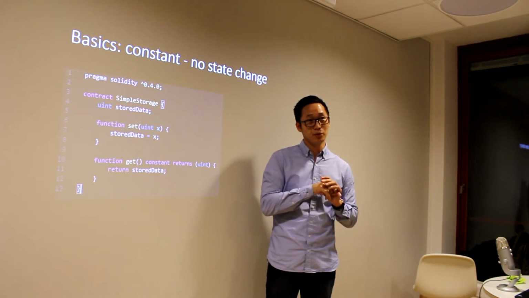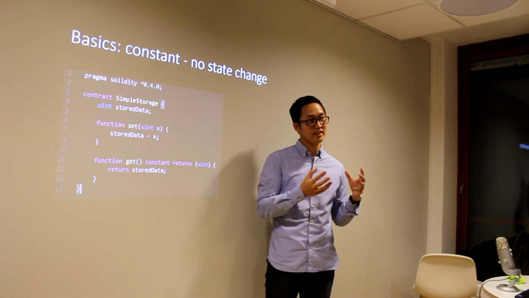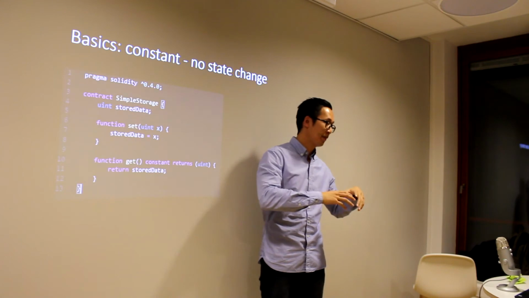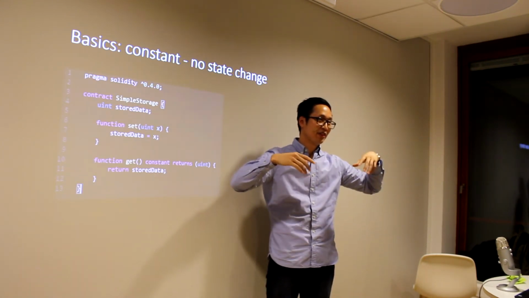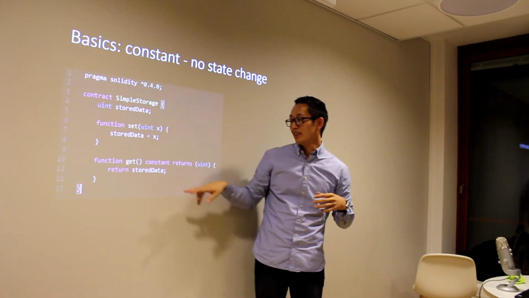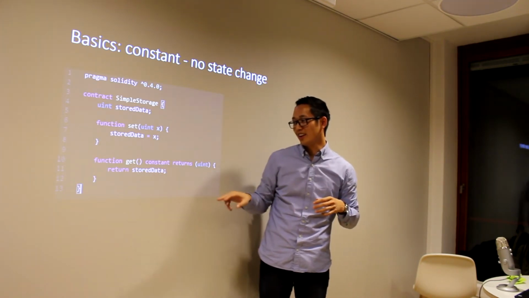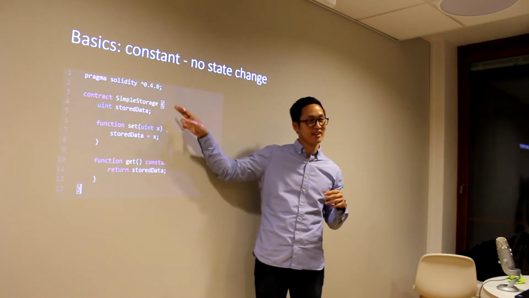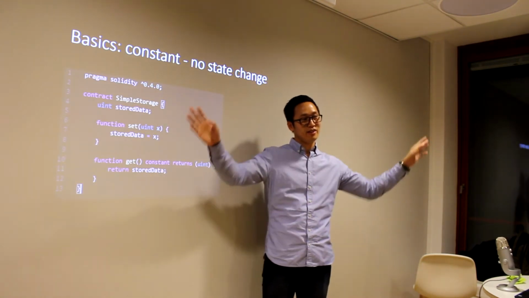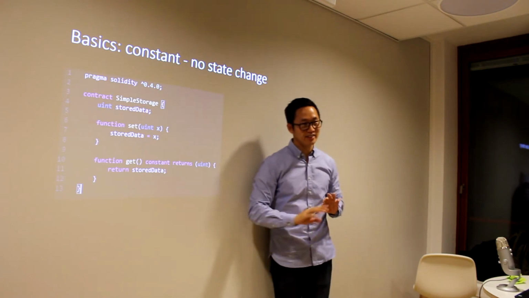If you want to change a state, you have to sync with all the nodes. Because if, for example, I set the value on the store data, that means that I changed the state, and then all the nodes have to sync this state.